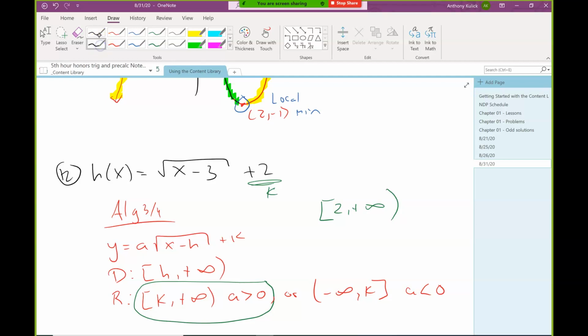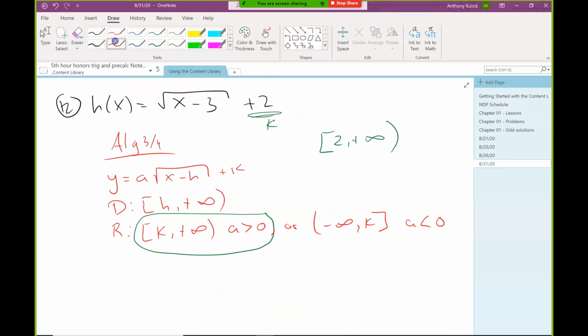Alternatively, another way you could have gone about this is looking at the graph, which is probably the easiest thing to do if you're just not sure what to do. So I would have gotten out my graphing calculator.